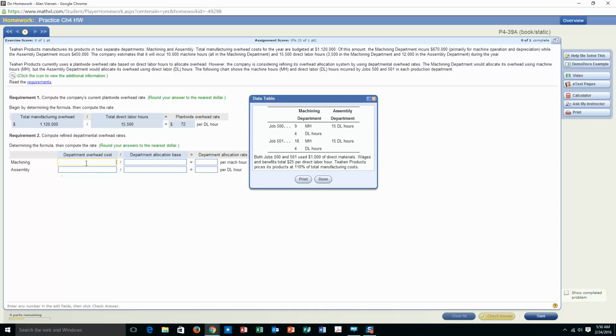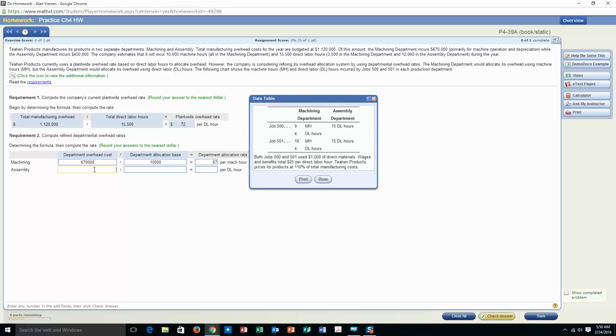For the machining department, it tells us that we have a total of $670,000 in overhead. Our allocation base is machine hours, and we estimate there's a total of 10,000 hours during the year, which means our allocation rate is $67.